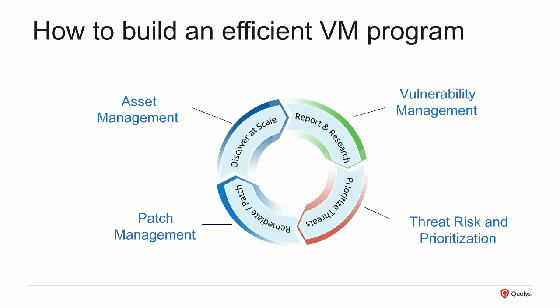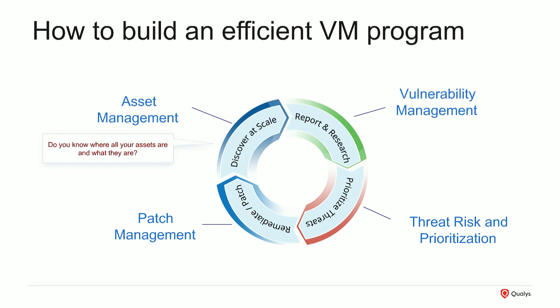So if we talk about how we can build an efficient VM program, there are actually 4 components that we need to take care of. First, and that's really important, you need to understand what your assets are in your environment. You need to classify them.